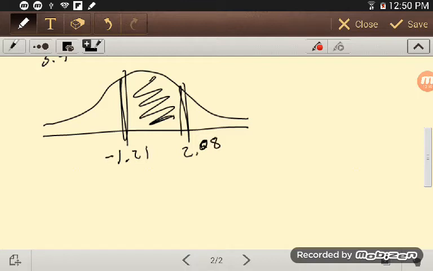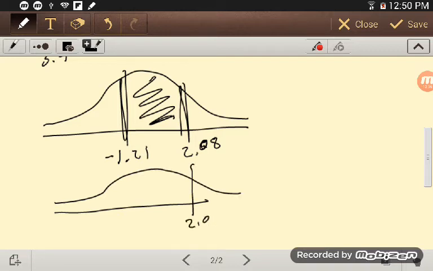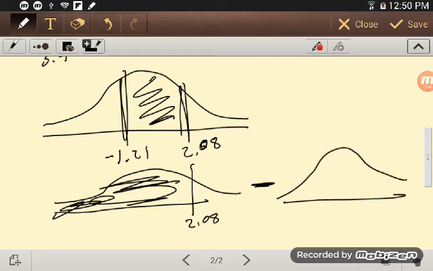Well, since the table gives us just areas to the left, what I want to do is find, here's 2.08, that's all of that area, or that proportion, and I want to subtract off negative 1.21, that proportion. Okay, so I have to look those up.